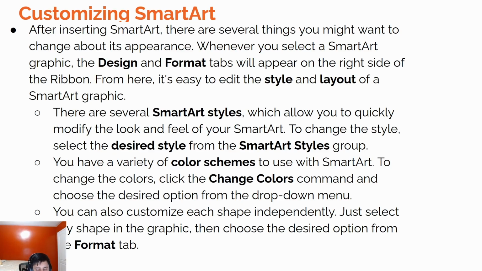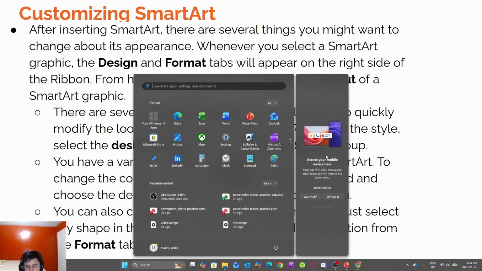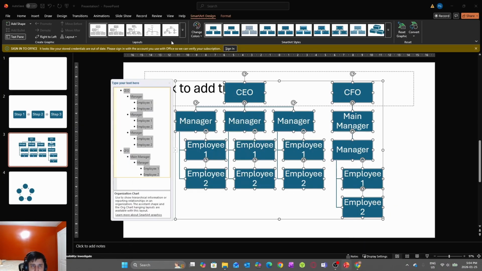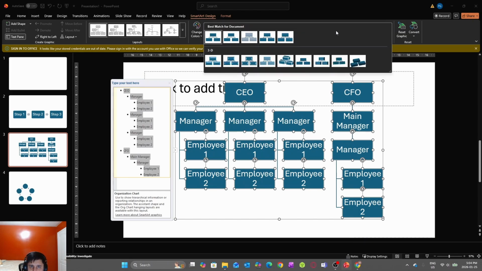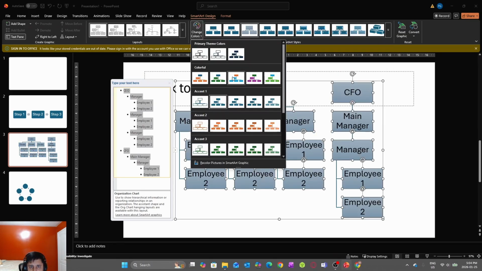We can also customize each shape independently if we'd like, just by selecting any shape in the graphic, then choosing the desired option from the Format tab. So how do we do that? Again, SmartArt Design. Then we can select a style, and we can always just click here and change colors.